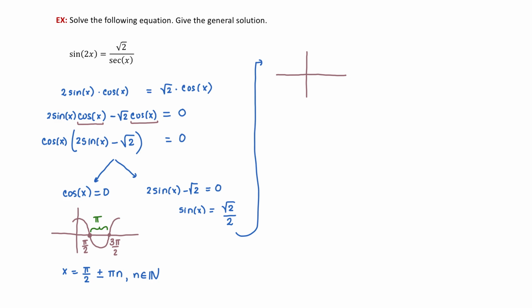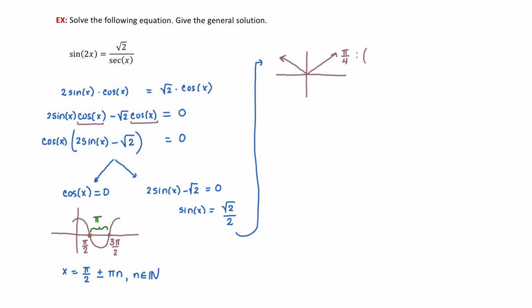And I will identify the quadrants where sine is positive. Sine is positive in the first quadrant and in the second quadrant. And by noticing that sine is equal to root 2 over 2, I am hoping that with your knowledge of the unit circle, you realize that the first angle here will correspond to pi over 4.